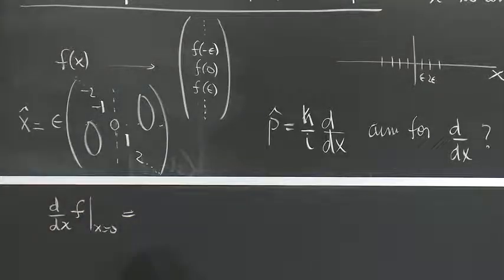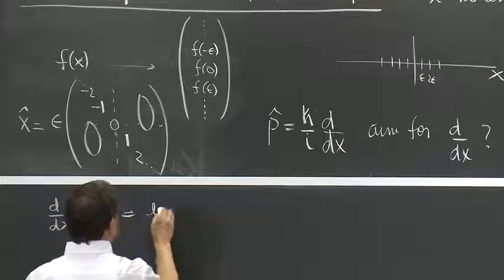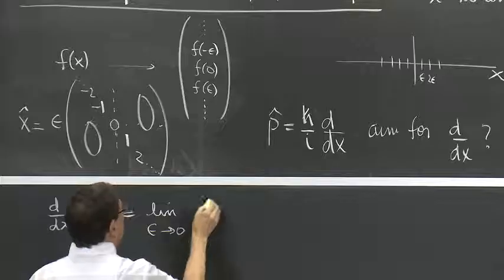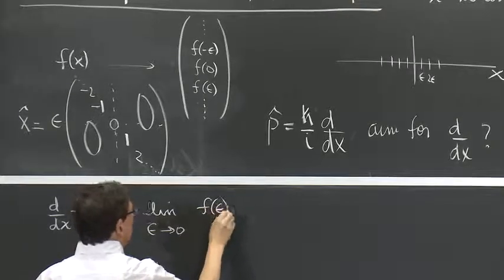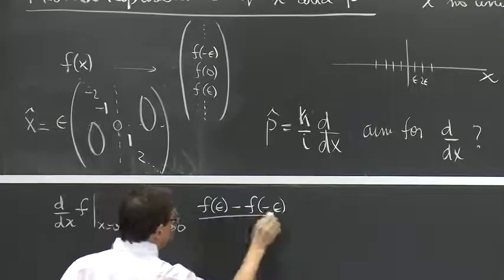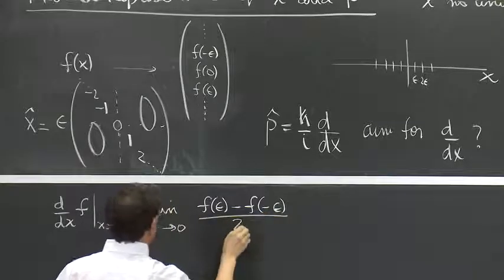Now, we're doing everything a little more symmetrical, so I'd rather do things more symmetrically as well. So I'll take this to be the limit as epsilon goes to 0 of f of epsilon minus f at minus epsilon, divided by 2 epsilon.